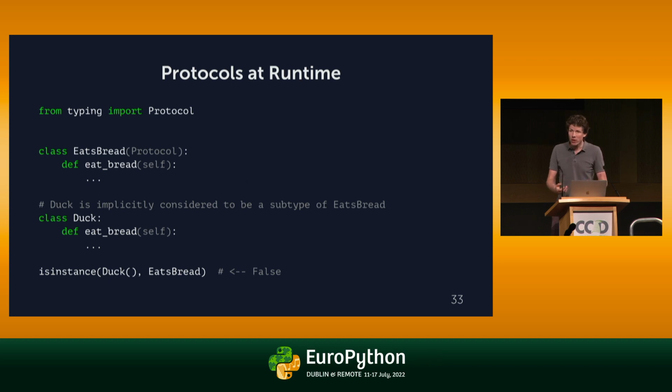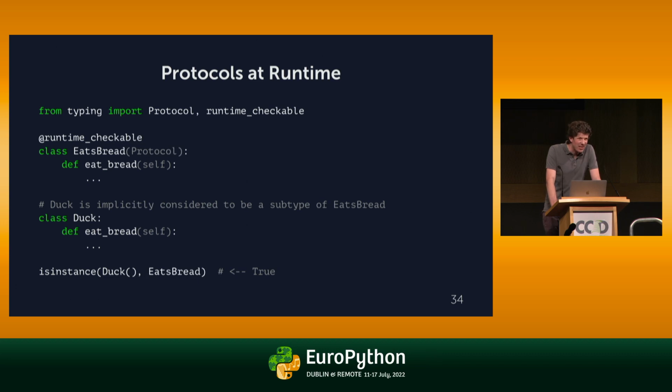But if you really wanted to, you can make this happen by using this runtime_checkable decorator. If you add this to your protocol, then suddenly any object that adheres to the protocol becomes an instance of that protocol at runtime.